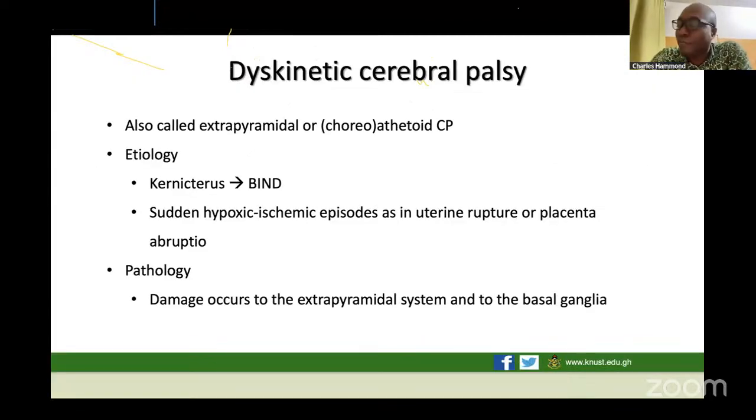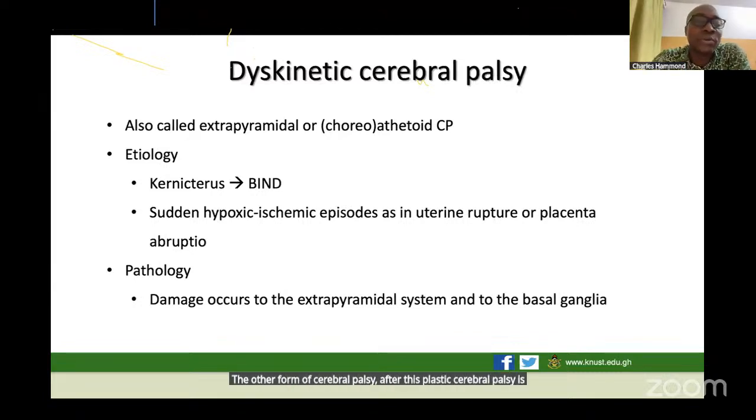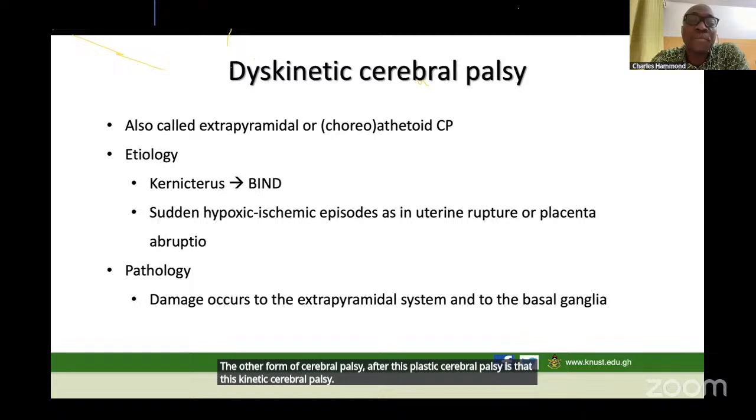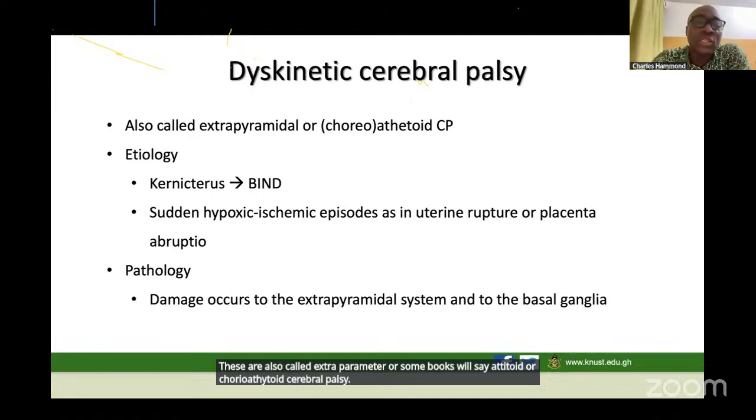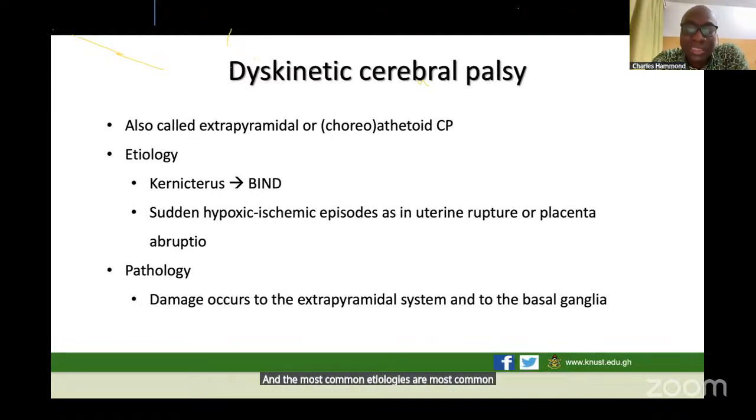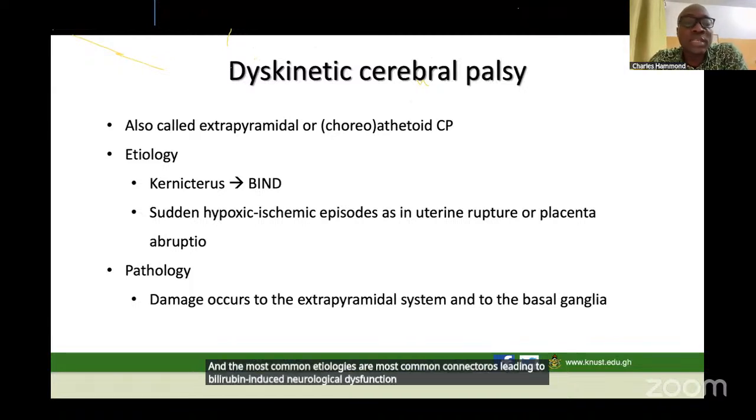The other form of cerebral palsy after the spastic cerebral palsy is the dyskinetic cerebral palsy. These are also called extrapyramidal, or some books will say athetoid or choreoathetoid cerebral palsy. The most common etiologies are kernicterus leading to bilirubin-induced neurological dysfunction, or sudden hypoxic ischemic episodes, as would occur in placenta abruptio or uterine rupture.